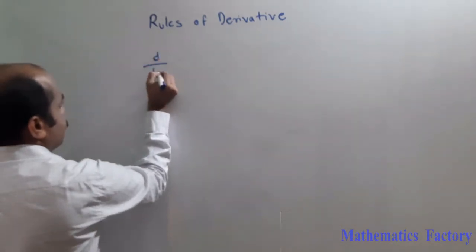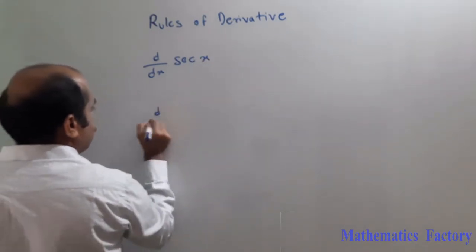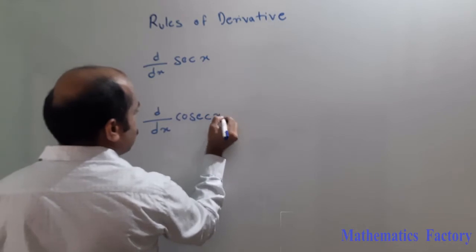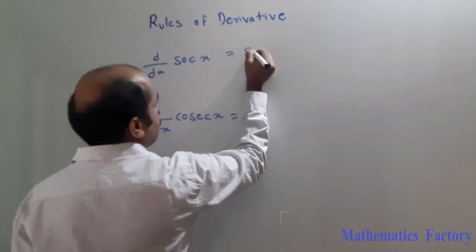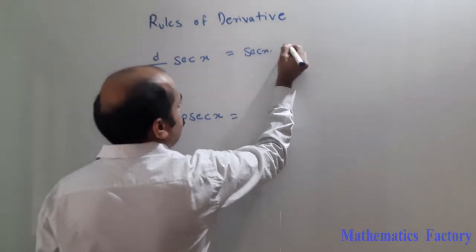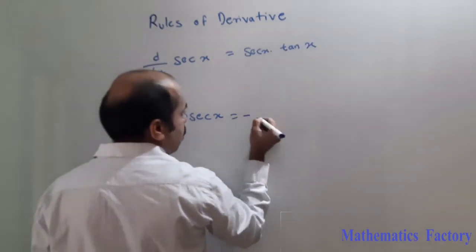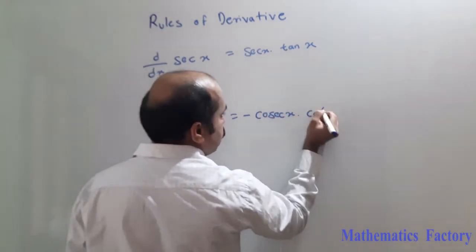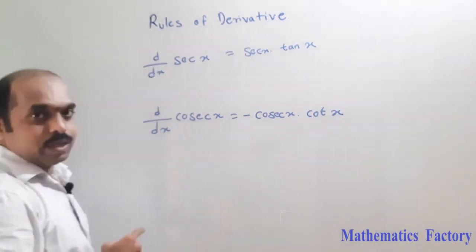Derivative of sec x and derivative of cosec x. So what is the formula for sec x? Derivative of sec x is sec x into tan x and derivative of cosec x is minus cosec x into cot x. Okay. Now moving to the next.